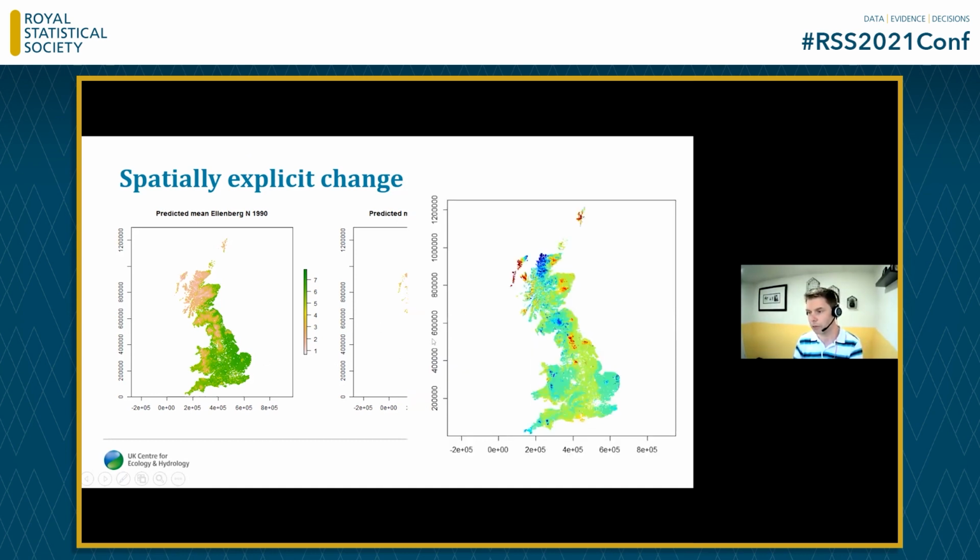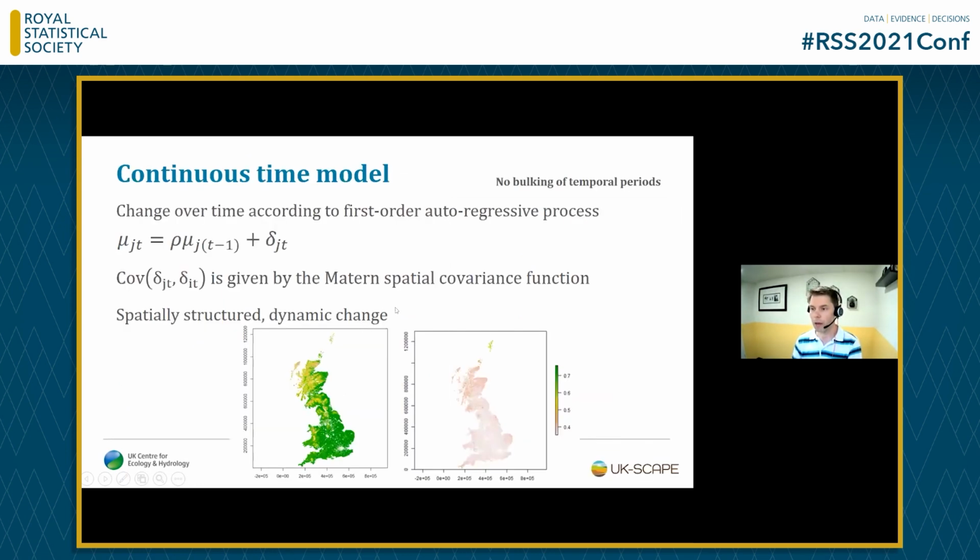So we can look at the change between these two, and that is what the policy people want for targeted interventions, because they can understand where things are changing more. We have also started recently to look at a continuous time model, considering a dependent structure across time. Again, in theory, this is quite straightforward to do. It relies on good data.